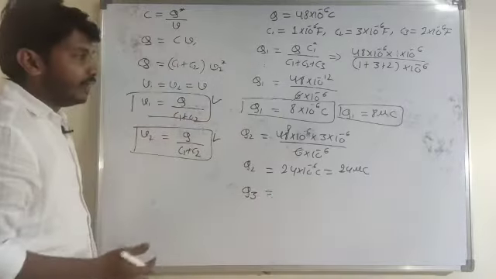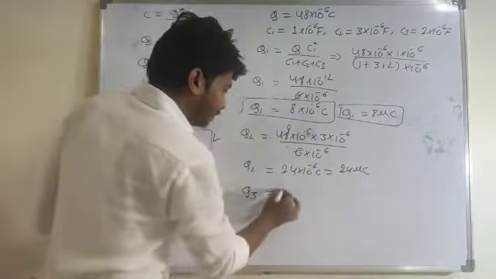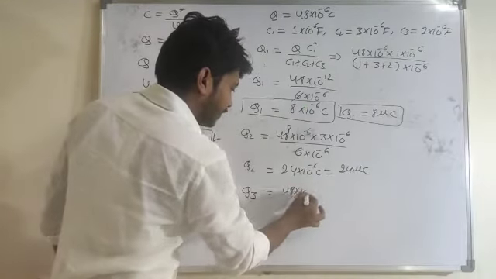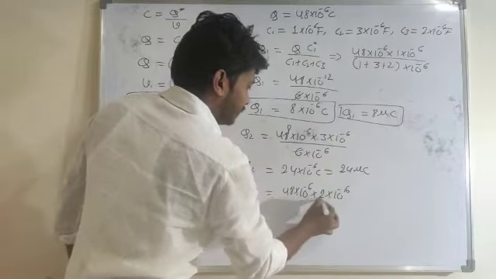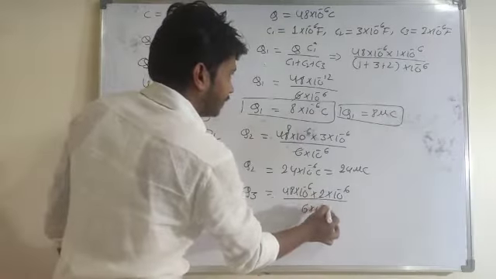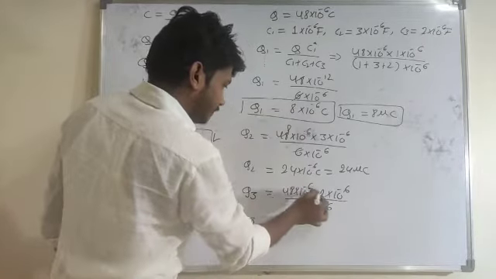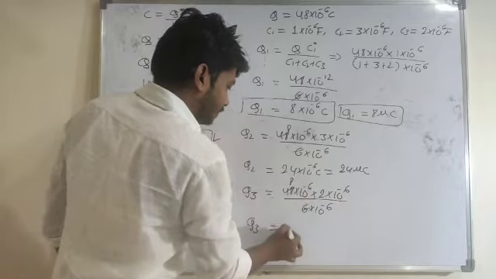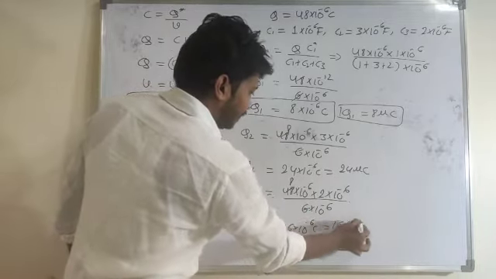Similarly, I need to find the Q3 value. What is the formula? Q into C3 divided by C1 plus C2 plus C3. The Q value is 48 into 10 to the power of minus 6. The C3 value is 2 into 10 to the power of minus 6, and the total capacitance is 6 into 10 to the power of minus 6 here. So that is 16 into 10 to the power of minus 6 coulomb, or 16 microcoulomb.